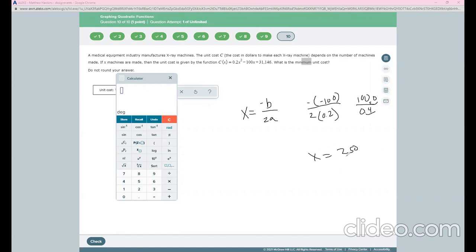And we need to find the cost, which means take all of these X's and replace them with 250. So 0.2, and then we have X, which is 250 squared, minus 100. And then it says X, so we're going to plug in 250, and then plus 31,146.